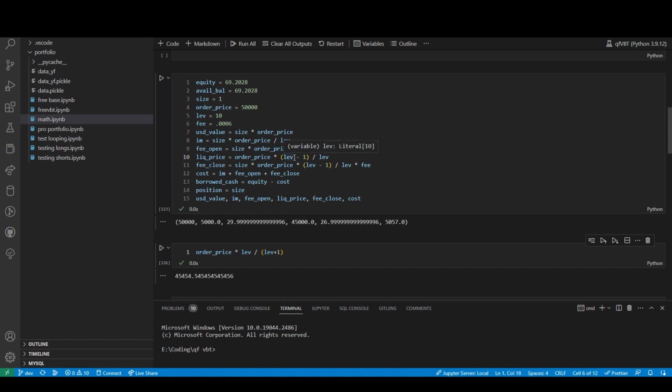We have our order price times 1 minus 1 over leverage. Right? Adding any of these parentheses right here doesn't do anything. We still have our thing right here, 45,000. Right? Okay. So this makes sense.